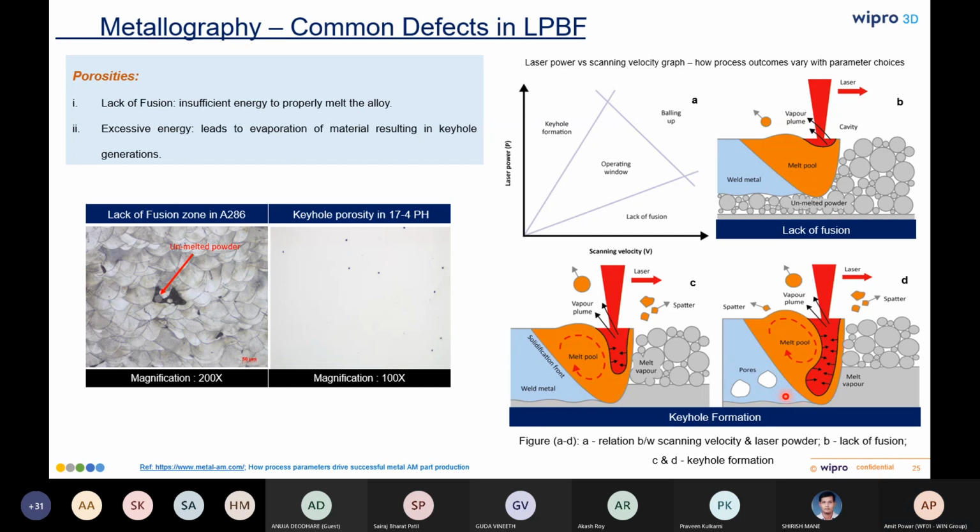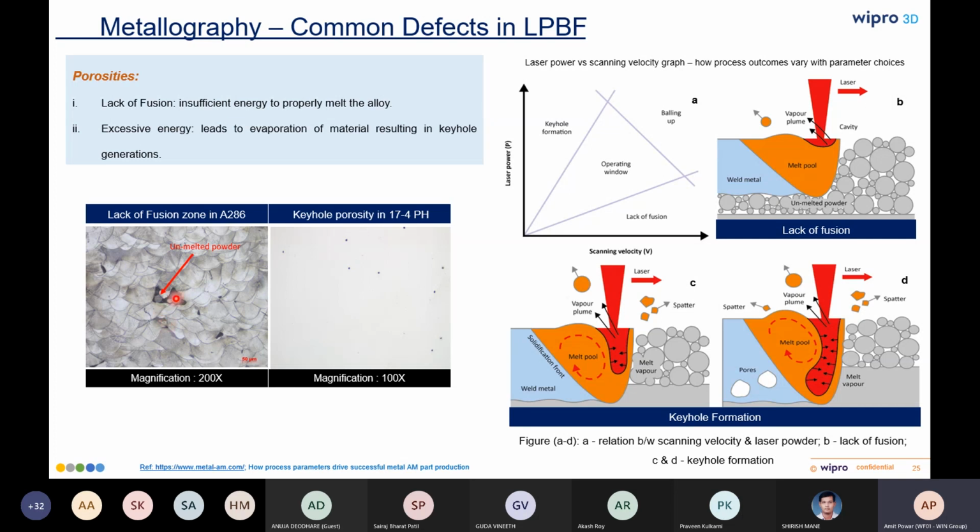Such pores may not close as the melt pool solidifies, generating subsurface porosity in the welded metal. Because of this greater degree of remelting of the layers below, keyhole formation defects can be seen. And here the defects are shown in optical microscopy images.